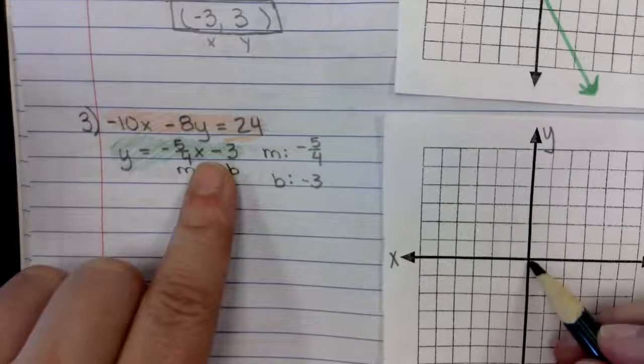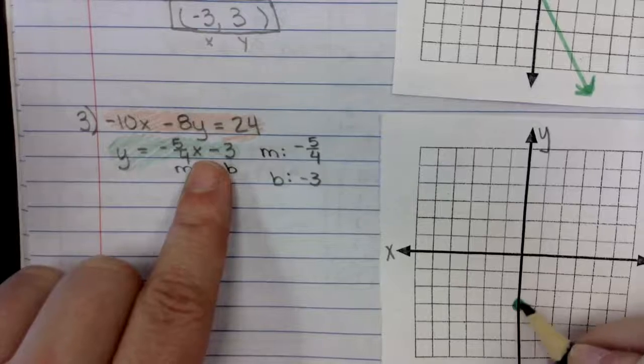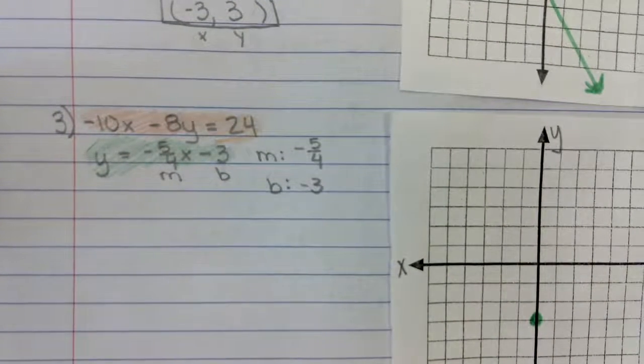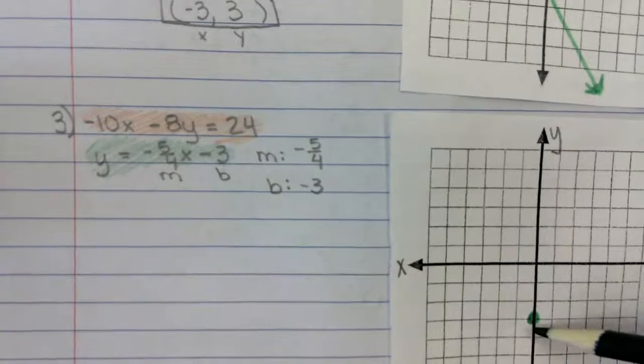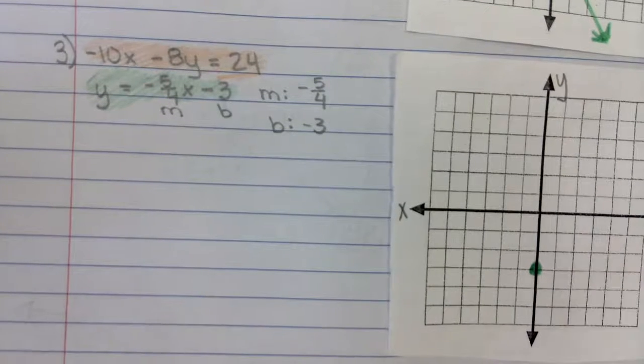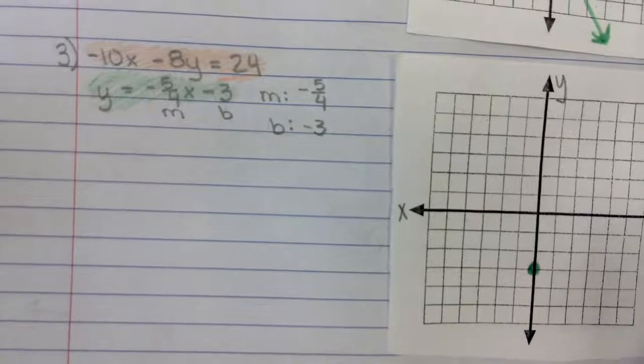Now, those of you that maybe got distracted when Mr. Scholar came in to look for that jacket, we're going to talk about it again here. Can I go down 5 this time? No. When I go off the graph, I'm more than one off, so I don't want to guess that, because that's going to screw things up. So instead of going down 5, I'm going to go up 5. 1, 2, 3, 4, 5.